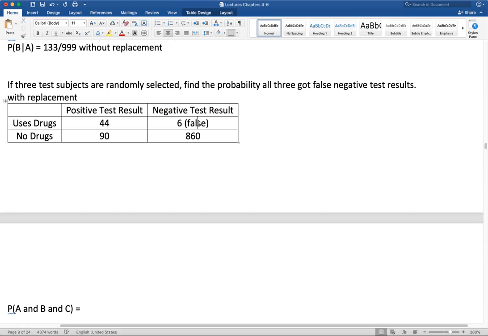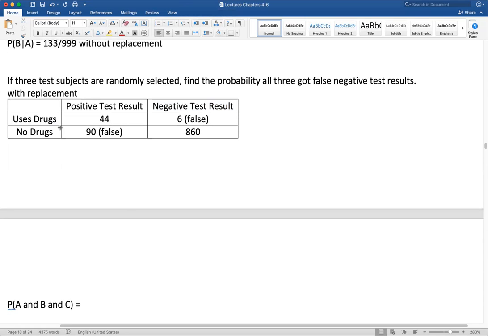So that's the first negative test result, and 90 is the first positive test result. So with replacement allowed, the probability that we choose the first negative test result out of 1000 screening tests is 6 over 1000, right? And then once we check the test result, we put that test sheet back.